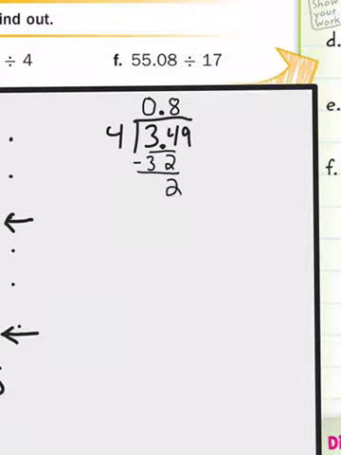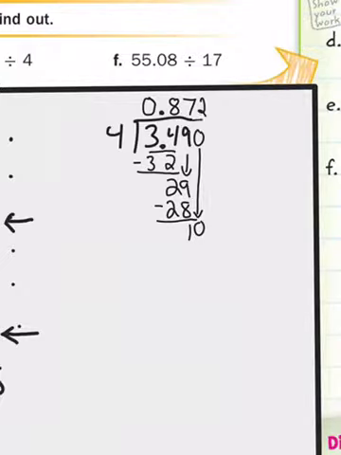Every time I subtract, I must bring the next digit down. Now, 4 goes into 29 7 times, because 4 times 7 is 28. Every time I subtract, I must bring something down. So I added a 0, so I had something to bring down. 4 goes into 10 2 times, which is 8.